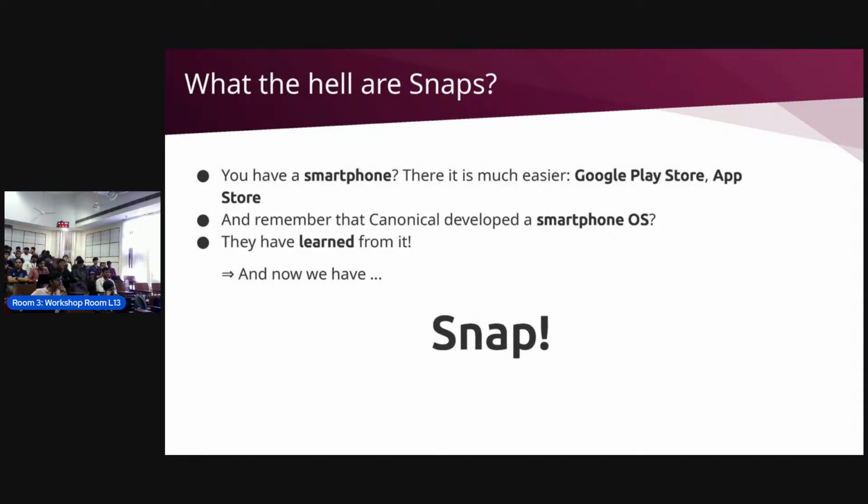Canonical has created a smartphone. They discontinued it quickly, but they've created Ubuntu Touch, a smartphone operating system. And from that, they have learned, and this ended up that they have created Snap, initially as a packaging format for IoT, and for the all Snap Linux distribution Ubuntu Core.